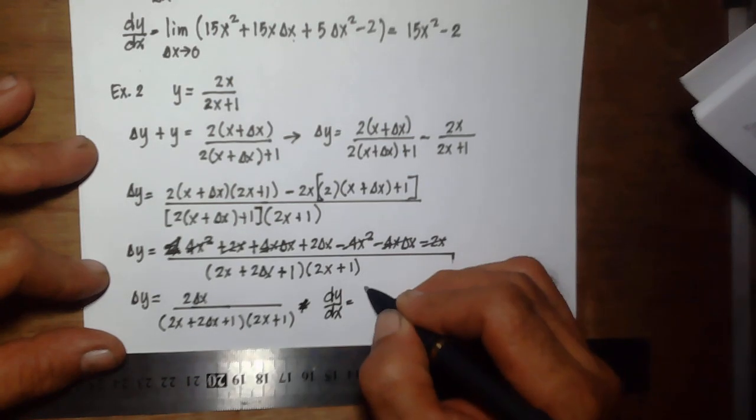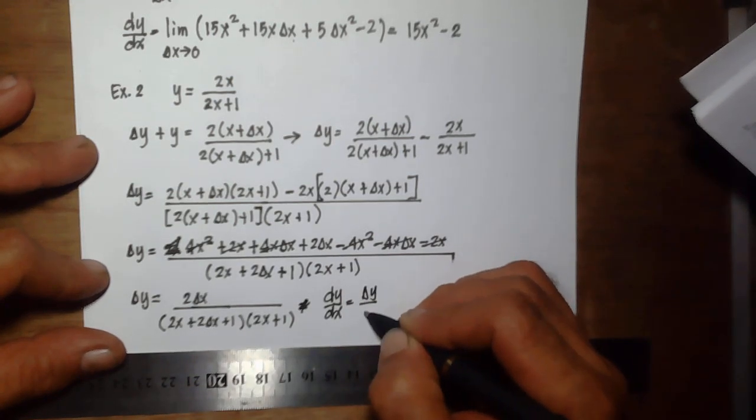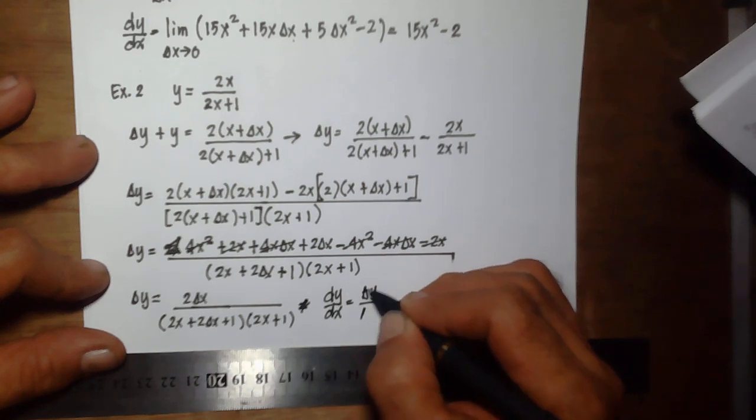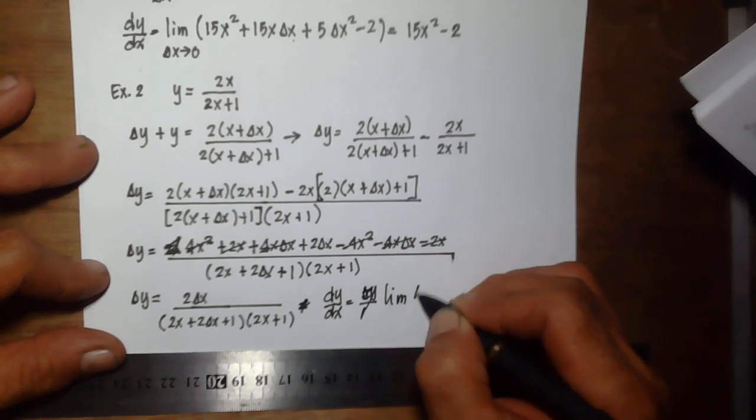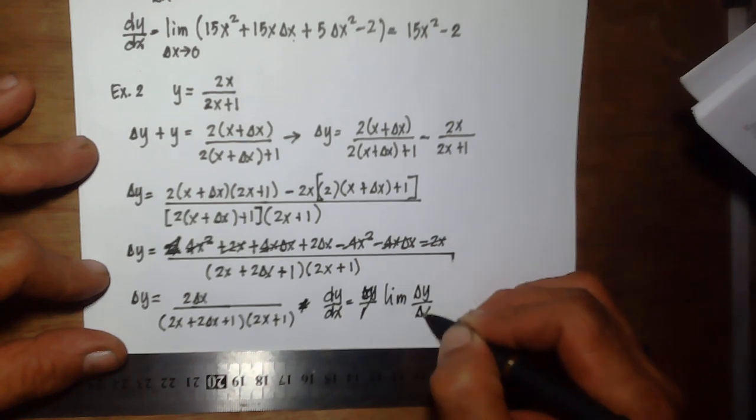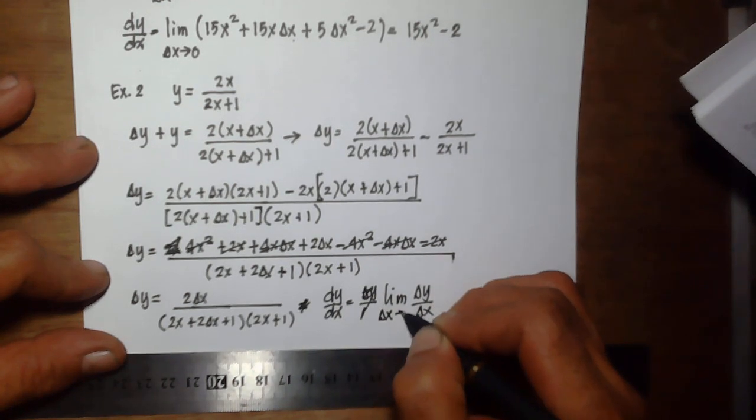And dy dx is equal to the limit of delta y over delta x as delta x approaches 0.